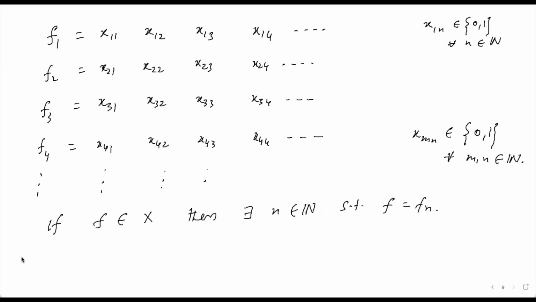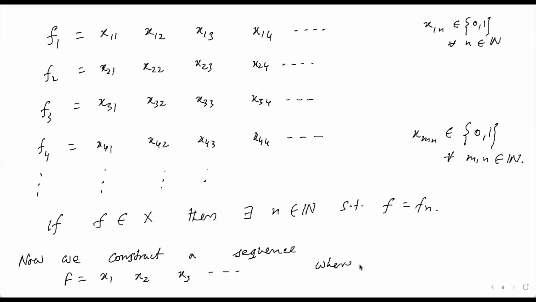Okay, so now we construct a sequence capital F. This is equal to, we arrange in an array x1, x2, x3, and so on, where xn belongs to {0,1} minus xnn.